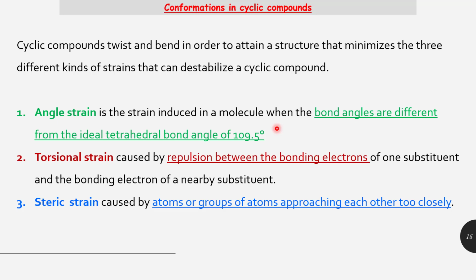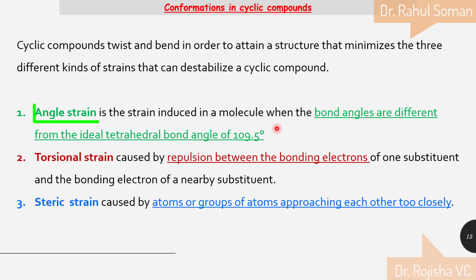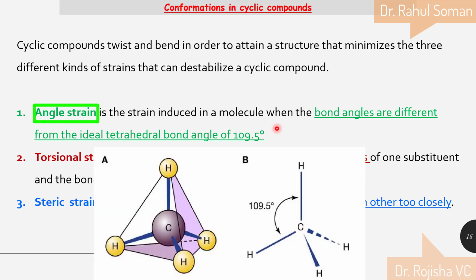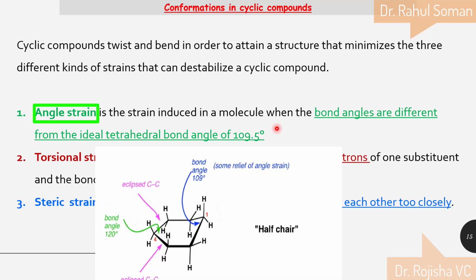Unlike straight chain compounds, cyclic compounds have many strains. There is angle strain, and there is steric strain. Angle strain means we know the ideal tetrahedral bond angle is 109.5 degrees, and in order to have a cyclic structure, this bond angle cannot always be the same, because we can't meet 109.5 degrees in that cyclic geometry.